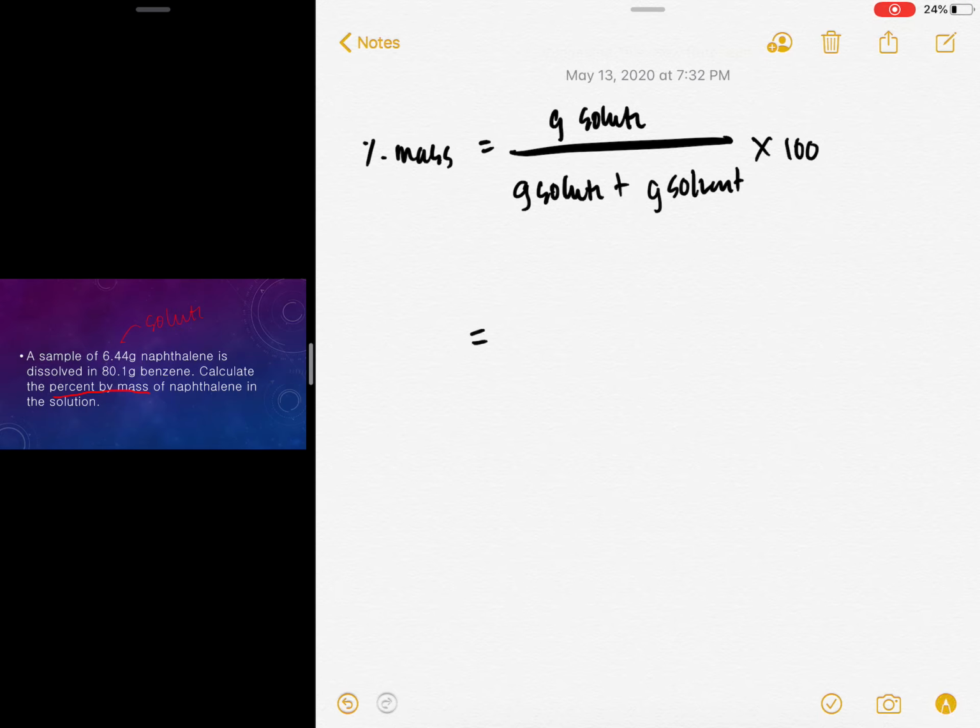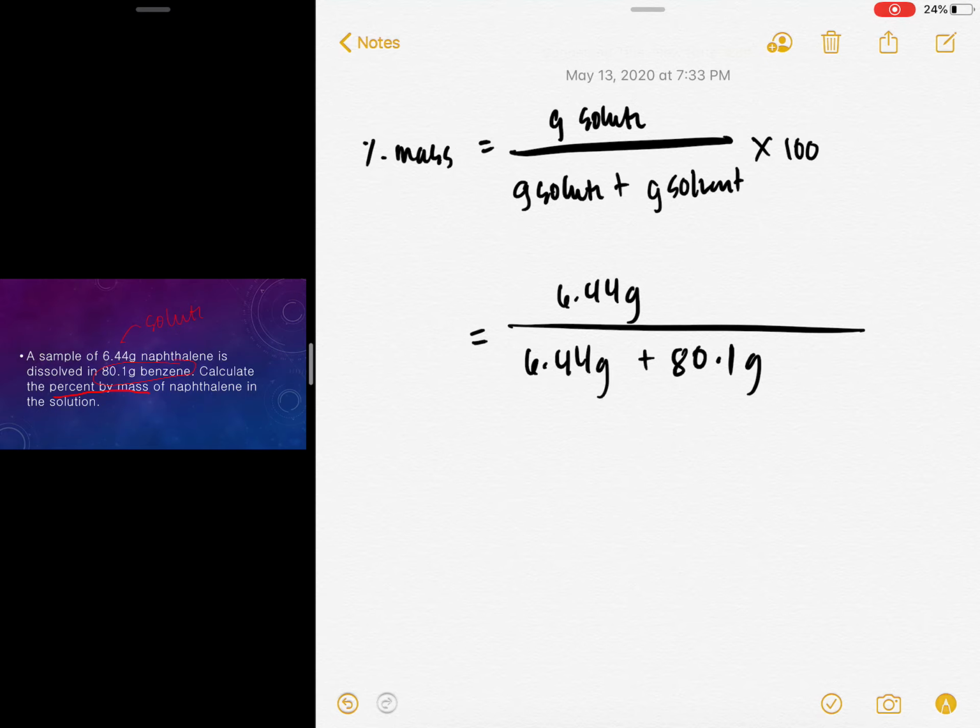So, this is equal to 6.44 grams. You can now directly substitute it kasi alam mo na yung grams ng solute mo. Next, 6.44 grams, the grams of solute again, and then the grams of your solvent, 80.1 grams. Multiply it by 100 kasi percent by mass ito.